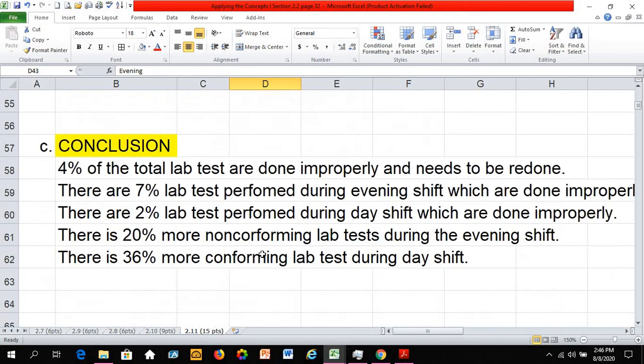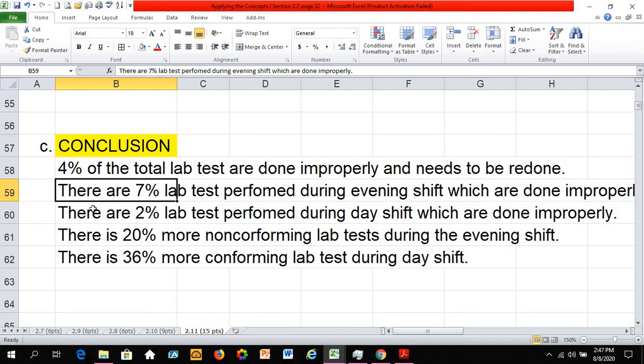So conclusion: 4% of the total lab tests are done improperly and need to be redone. So in total, for every 100 laboratory tests, there are 4 lab tests that need to be redone. Those are the non-conforming lab tests. There are 7% lab tests performed during evening shift which are done improperly.